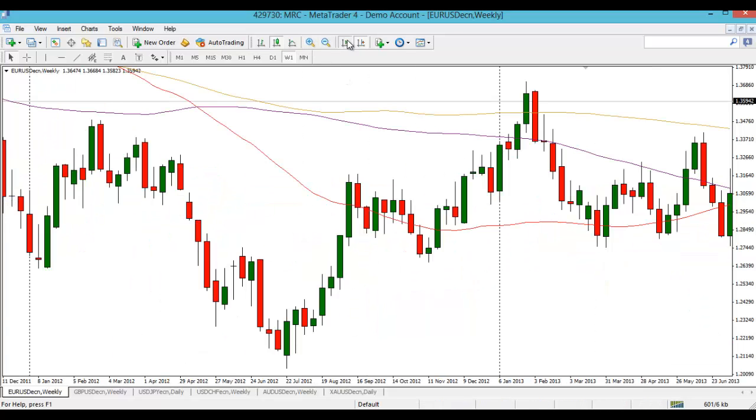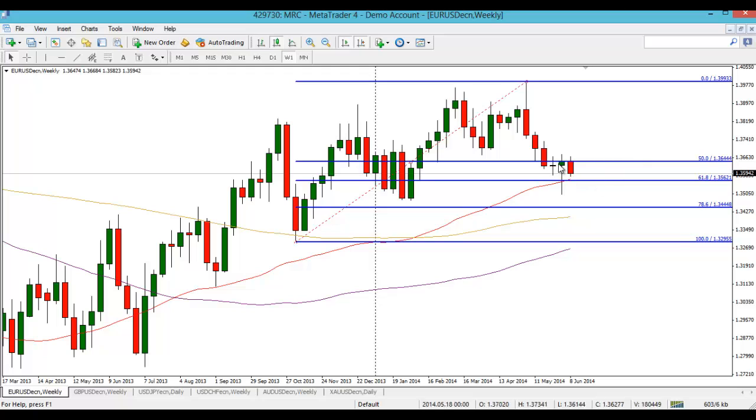But actually, it's quite an interesting one because we do have a weekly close. Last week was a very bullish candle off the 50 SMA. It came back down, then we had a big reversal towards the upside. So it's quite a bullish candle, but there's a bit of upper wick on that and a close below the 50%.